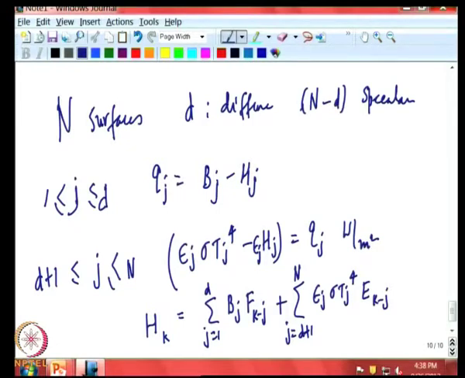So, this approach would seem to be somewhat complicated, but it is not, except that you keep separate accounting for terms which come through reflection in the specular surfaces from those that come from diffuse reflectors.